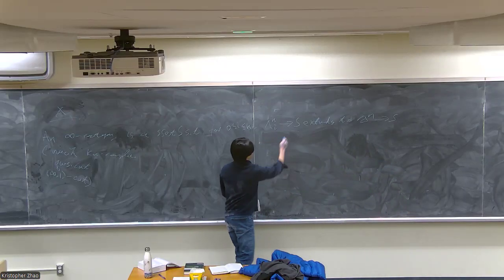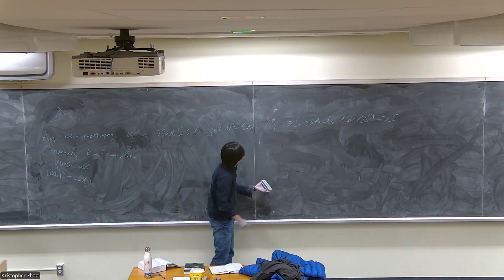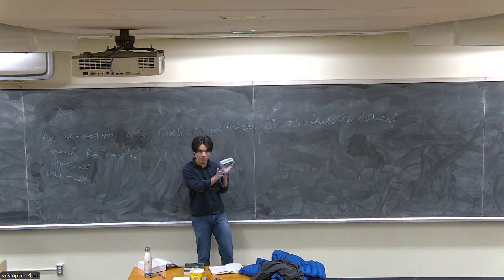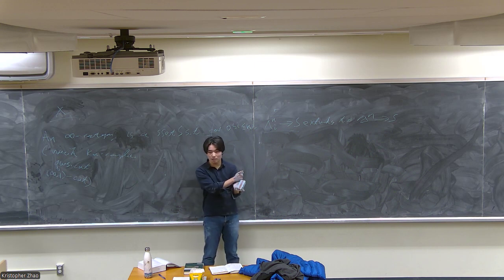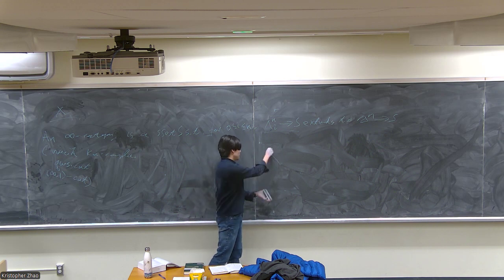So what is this? These are the horns, which are the unions of every face of the n-simplex except the ith one. For example, this would be a horn, 0, 1, 2.